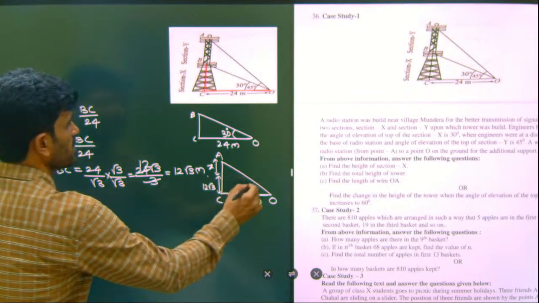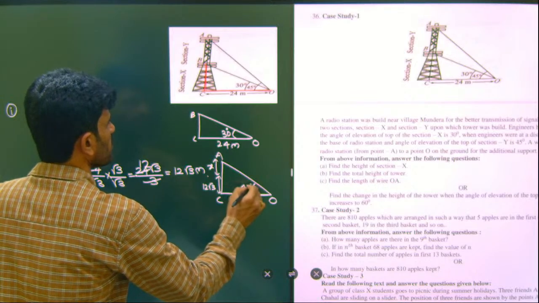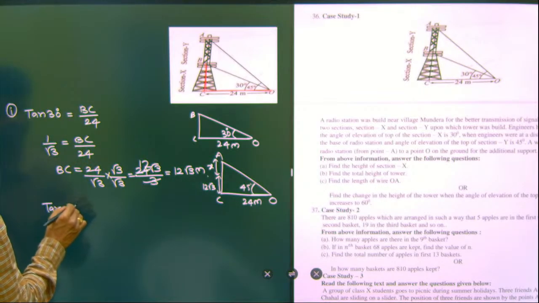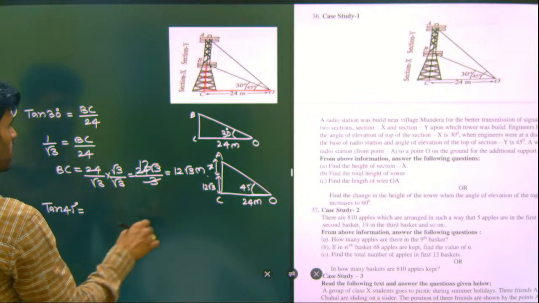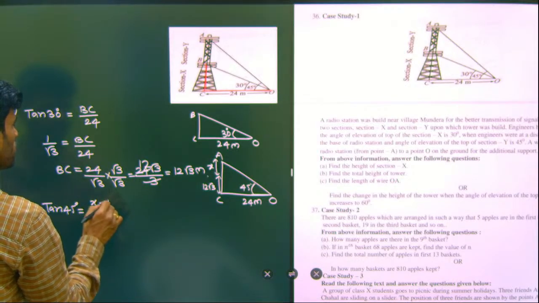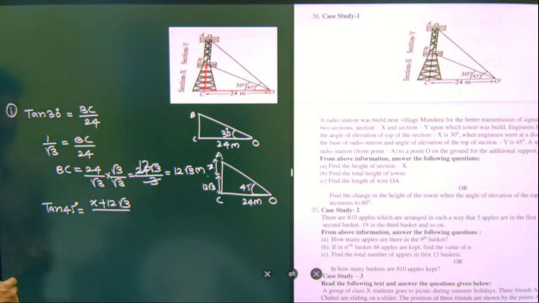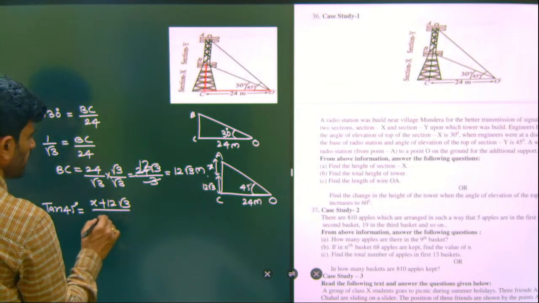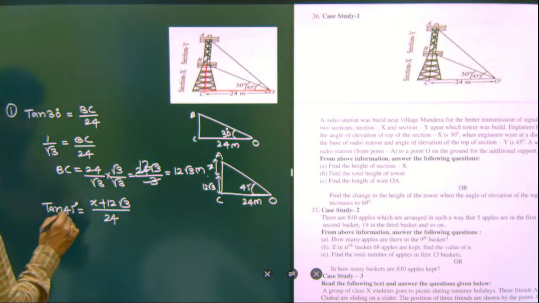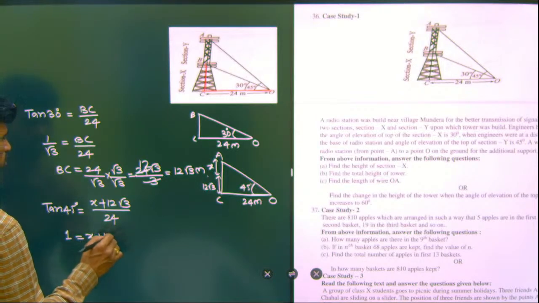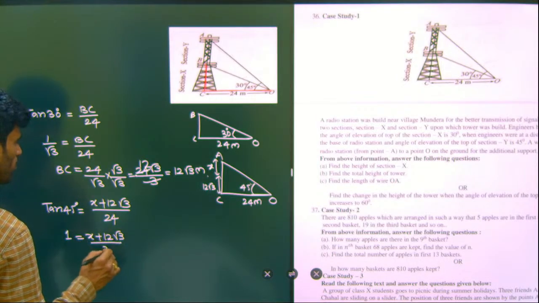Now in this triangle this is 45 degrees, then we have to take tan 45 degrees. Tan 45 degrees is equal to total opposite side, x plus 12 root 3, because we have to take total height, and the base is 24. Tan 45 degrees is 1, equal to x plus 12 root 3 by 24.